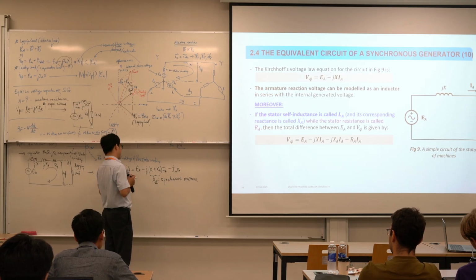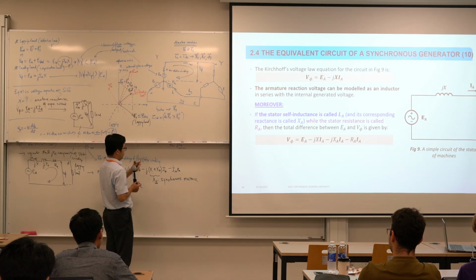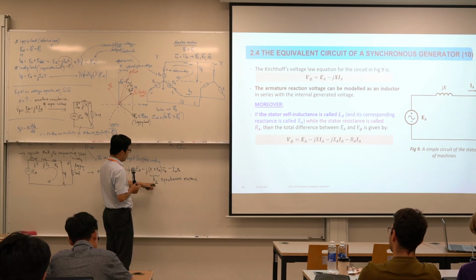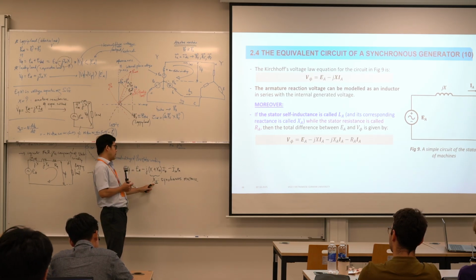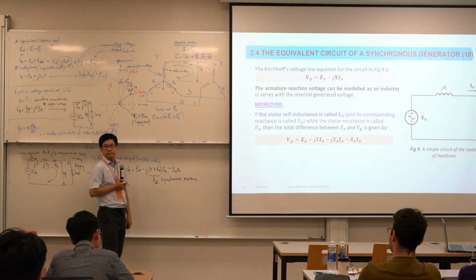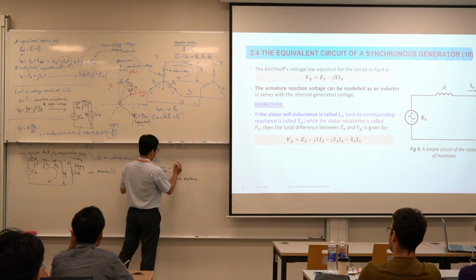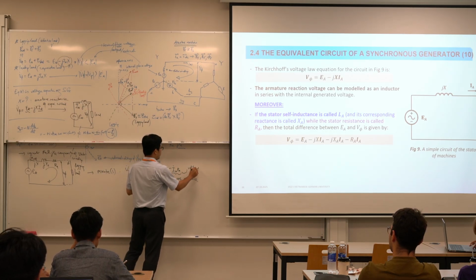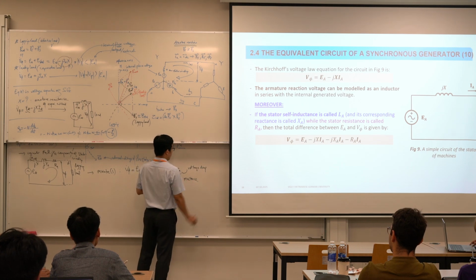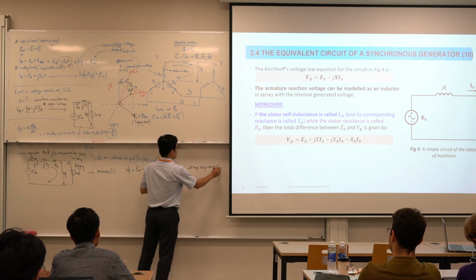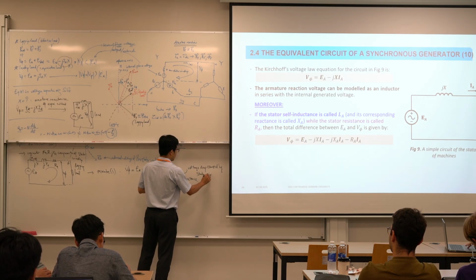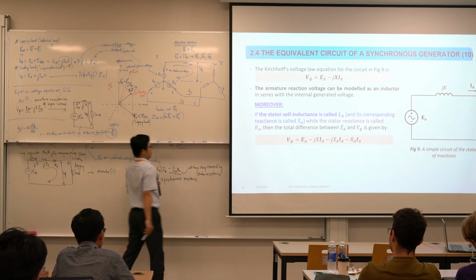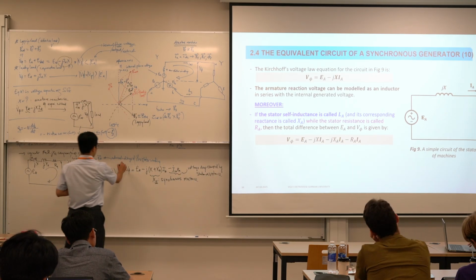To be simplified, the question normally gives you XS, but in your mind you need to understand XS is X plus X_A. And here, this is voltage drop. It's caused by stator resistance. So now, this is equation 2.